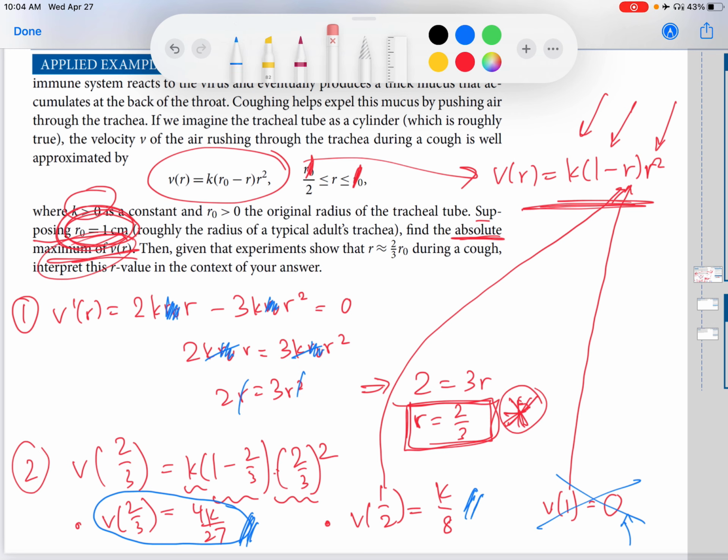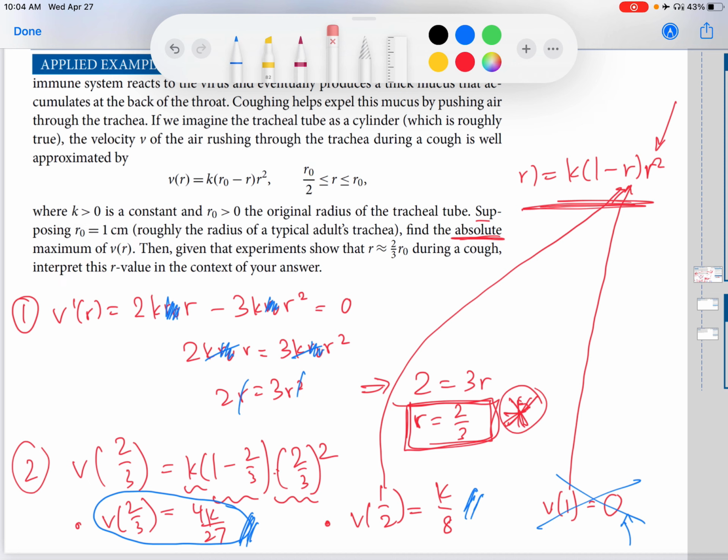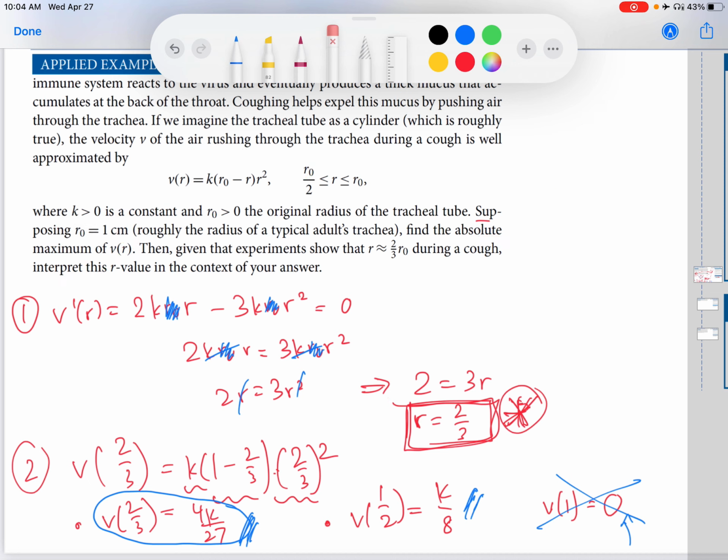And we have to go back to the question and determine exactly what it is that they wanted us to supplement that with, or how they wanted us to express it. Find the absolute maximum. Okay, great. We have that information here. This is the absolute maximum value, and it occurs when r equals 2/3. And then there was, remember, that second part. Given that experiments show that r is approximately 2/3 r0 during a cough, interpret this r value in the context of your answer.